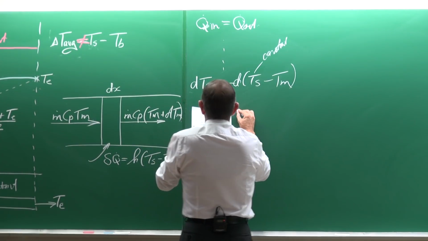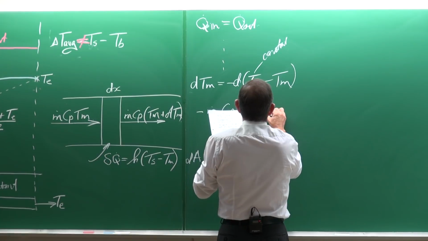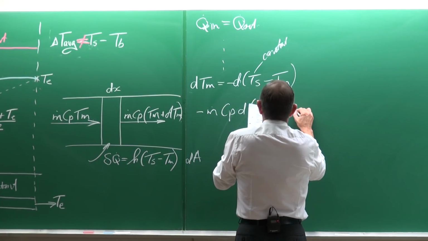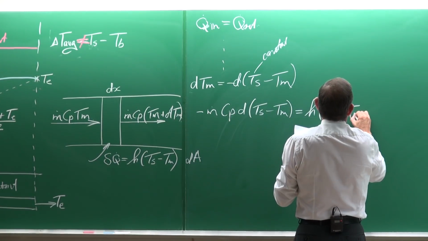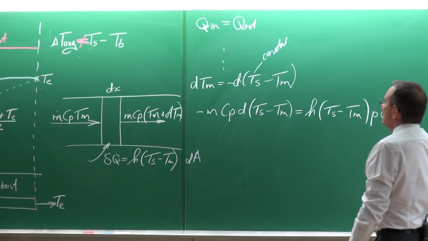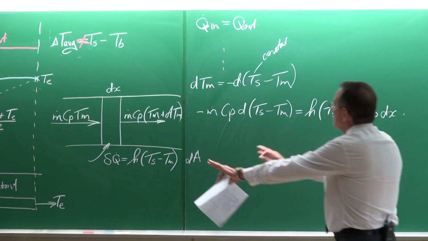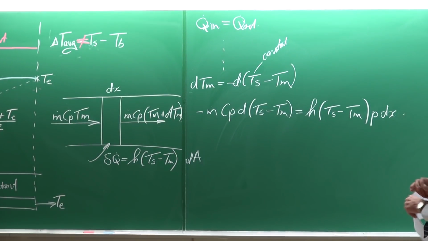If you've made it simple and you've taken out all the left-hand terms, which is equal to the right-hand terms, is equal to the heat transfer coefficient times (Ts minus Tm), the perimeter P multiplied by dx. So that is just the heat transfer going in is equal to the heat transfer going out. Simplify it, and then you're going to end up with this equation.